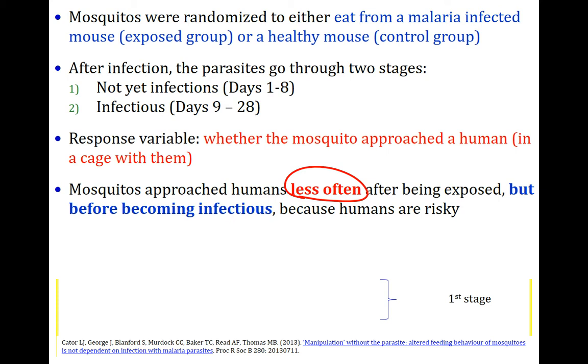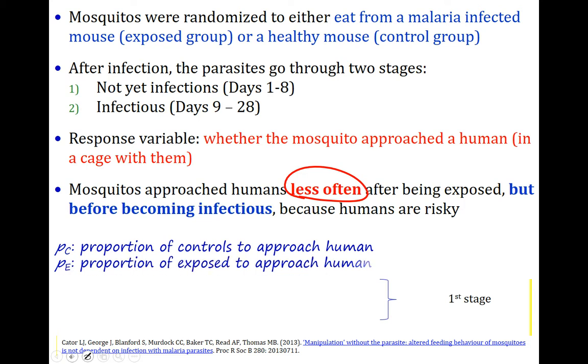Okay. So we have an H sub O and an H sub A here. So first of all, our P sub C is our proportion of control who approach a human. Our P sub E is the proportion of exposed who approach a human. So we're going to measure a difference in proportions. You should see that coming in those 2 groups. Our H sub O is that if nothing's going on here, then the exposed group and the control group will be exactly the same.